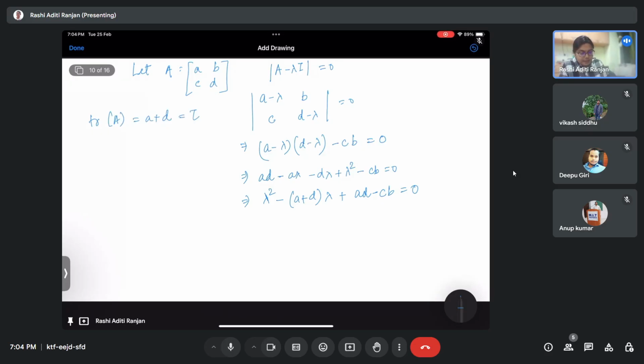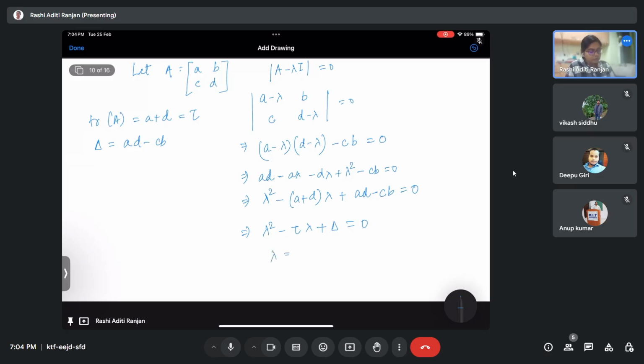And the determinant, which is delta, is nothing but AD minus CB. Right? What am I going to get? Lambda square minus tau lambda plus delta is going to be 0. Now from here, I can find out lambda.